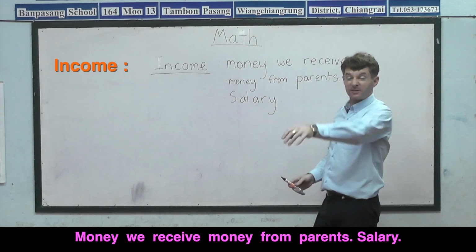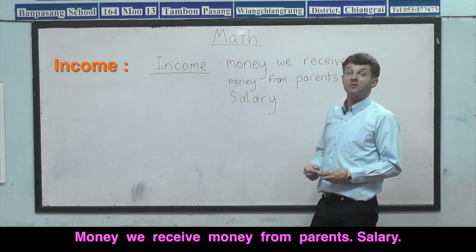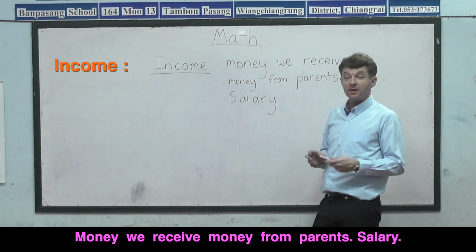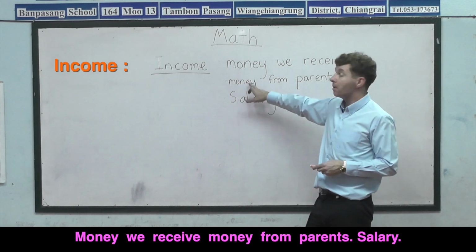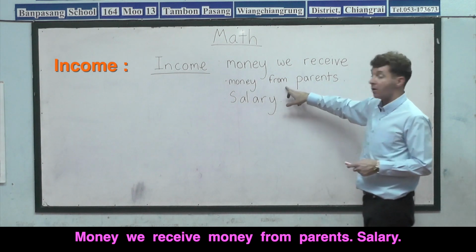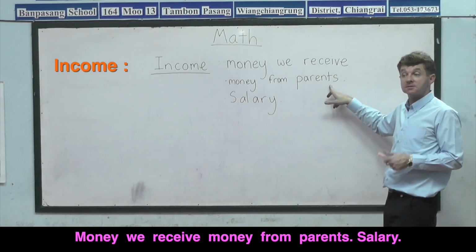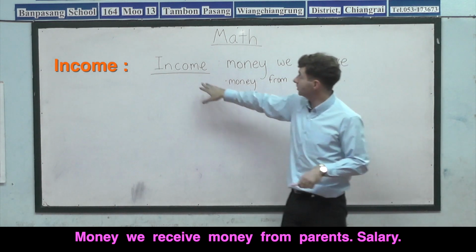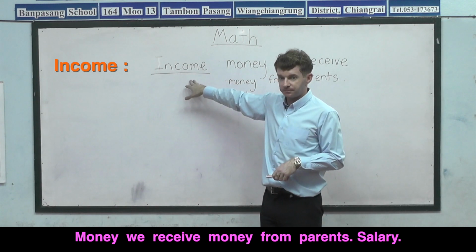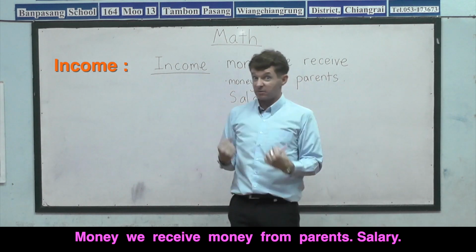But when we're still young, we don't have jobs yet because we still have to study at school. So sometimes you might get money from parents. And these are what we call income. Okay, income, money we receive.